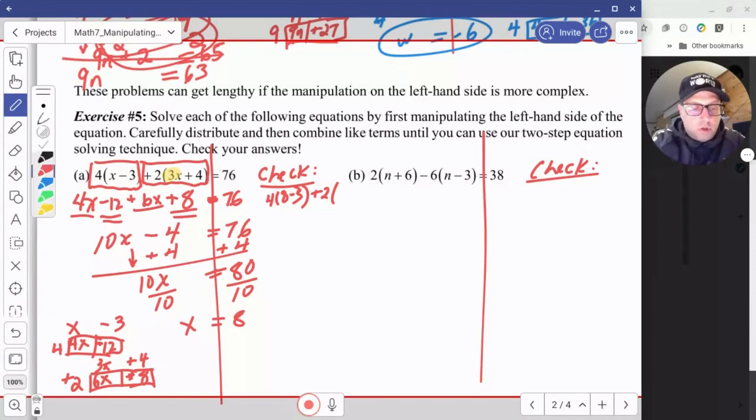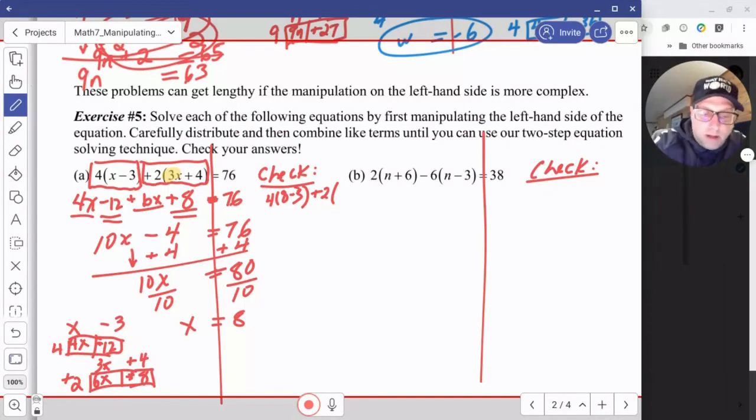So I'm substituting 8 into that part of the expression. The 8 goes into 3x, which means 3 times 8. I kind of did that in my head, so that is 24. And then I still have plus 4.